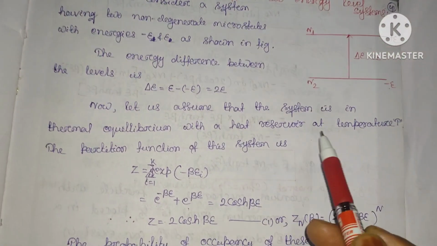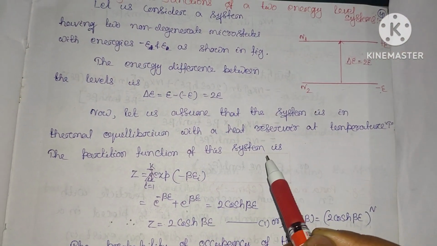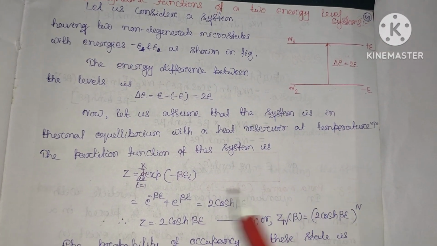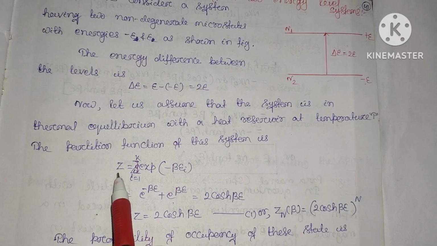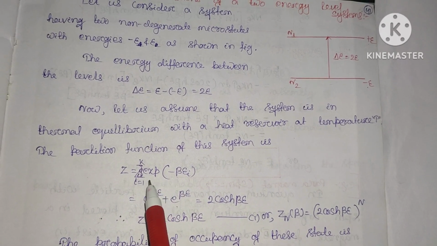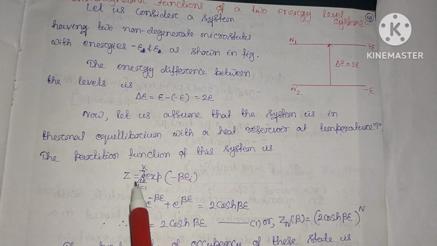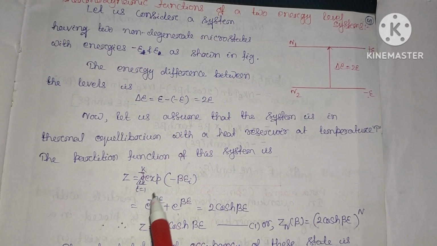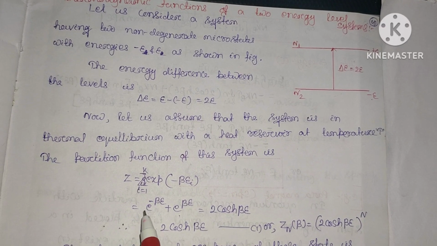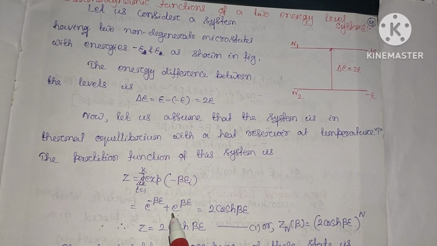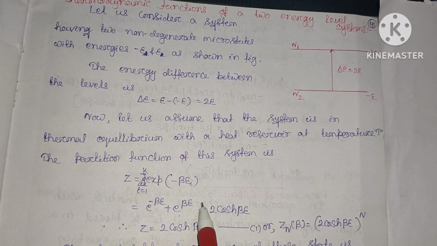Let us assume that the system is in thermal equilibrium with a heat reservoir at temperature T. For that the partition function can be written as Z equal to sum over g_i exponential minus beta epsilon_i. Here, neglecting the degeneracy or considering it 1, that becomes exponential minus beta epsilon plus exponential plus beta epsilon.